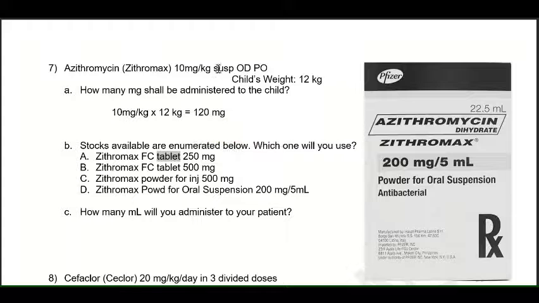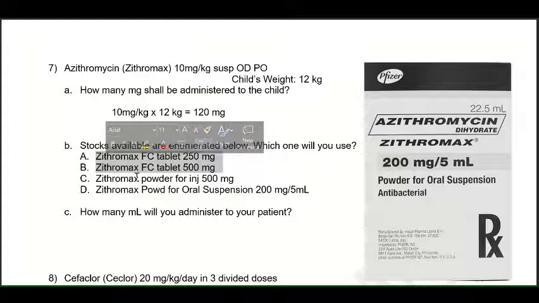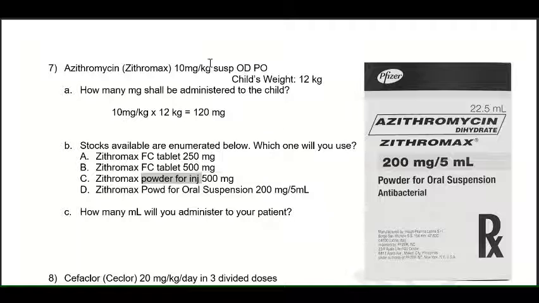We need a suspension. FC tablet, 500 milligrams. We're not into tablets. Powder for injection. Do I need a powder for injection? This is a suspension, not for IV. The answer would be Citromax powder for oral suspension, 200 milligram per 5 ml.